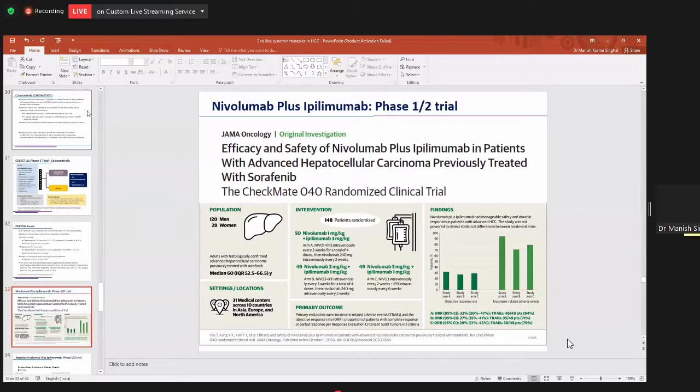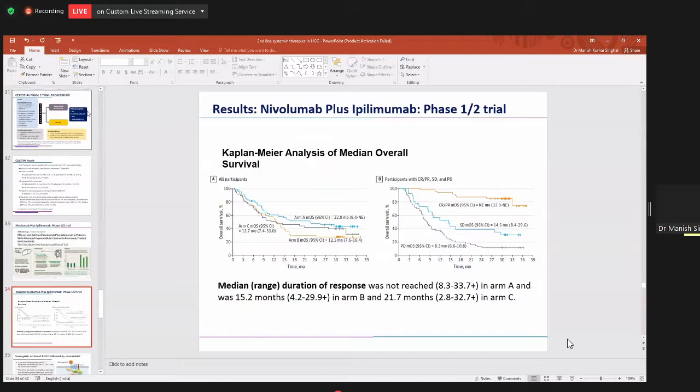Nivo-Ipi is one combination which has been looked at, with various dose profiles: nivolumab 1 milligram per kg with ipilimumab 3 milligram per kg, or nivolumab 3 and ipilimumab 1. Of these combinations, nivolumab with the higher dose of ipilimumab led to the best median overall survival. And of course, those patients who achieved a CR or PR had the highest survival.